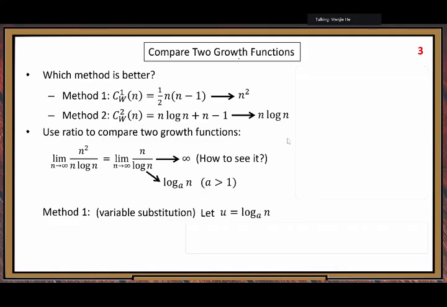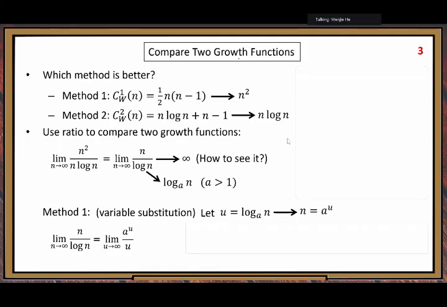Let us introduce a new variable u that equals log base a of n. Then, by the definition of log function, n equals a to the u, an exponential function. After this variable substitution, you can see our original ratio becomes, under the new variable, u also goes to infinity, because when n goes to infinity, u also goes to infinity.